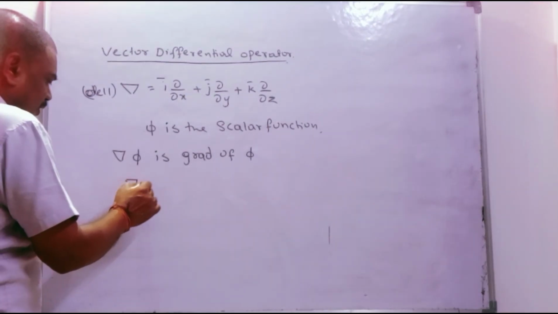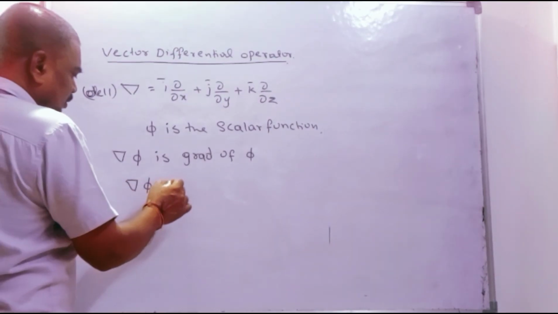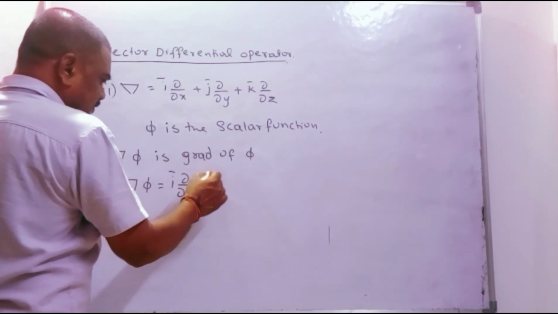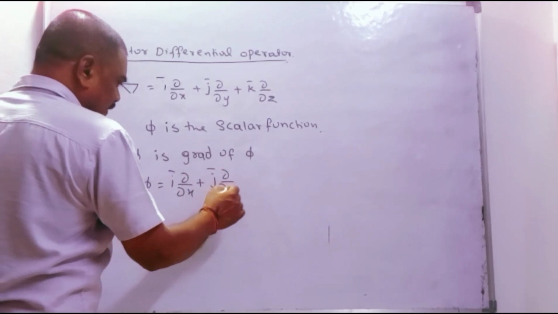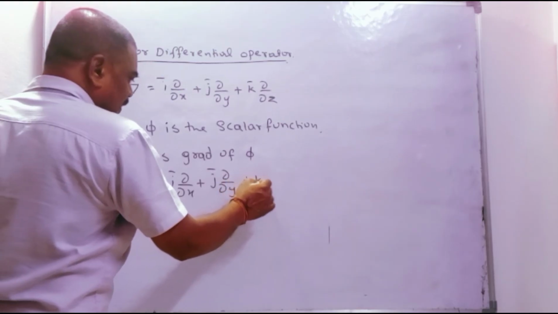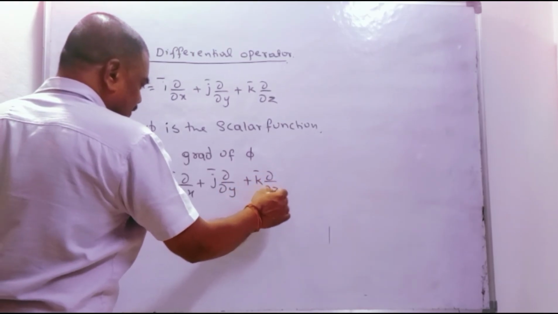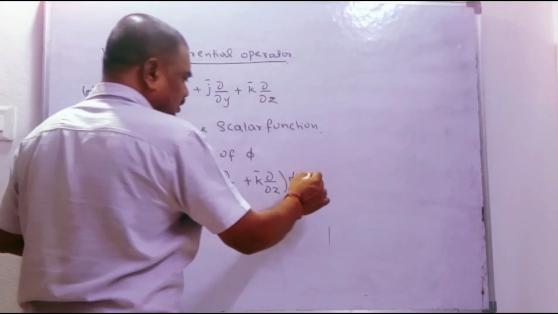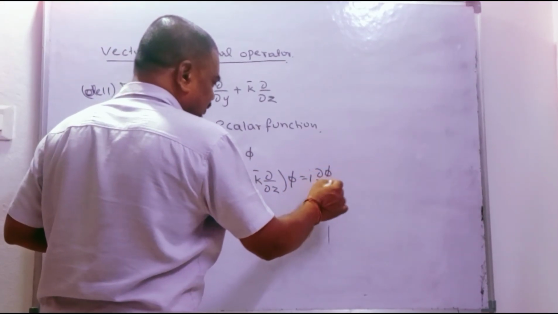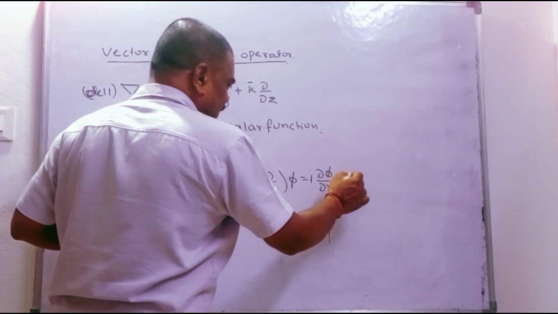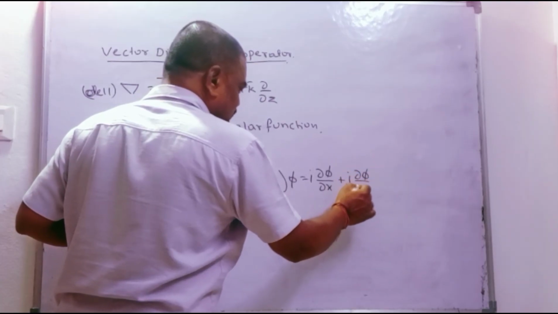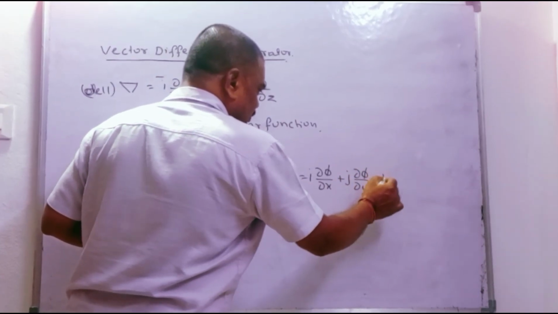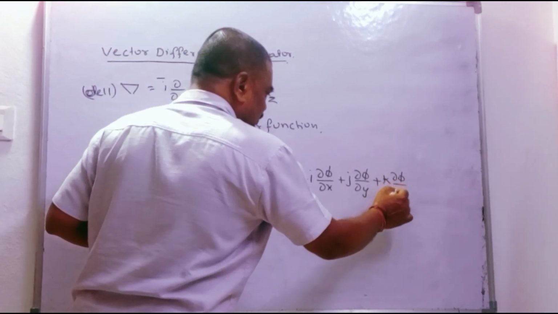So del phi equal to what? i bar dou by dou x plus j bar dou by dou y plus k bar dou by dou z of phi, which can be written as i dou phi by dou x plus j dou phi by dou y plus k dou phi by dou z.